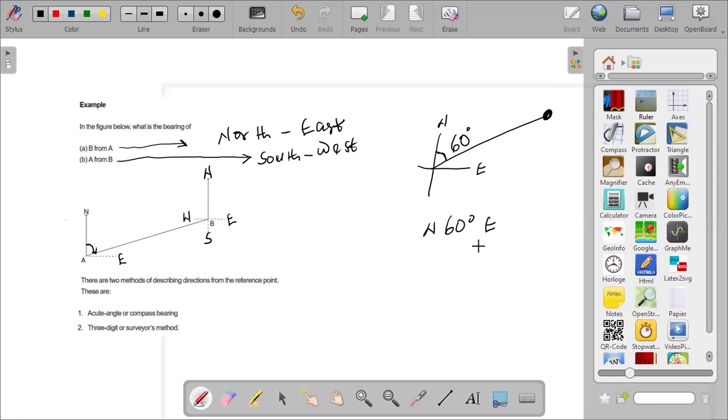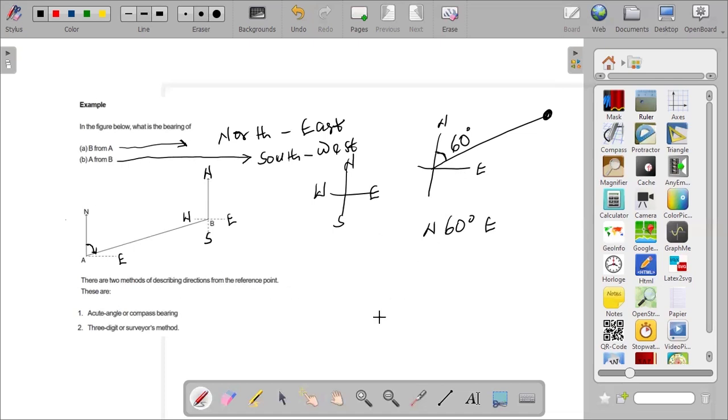This type of representation is what we call acute angle or compass bearing, because these cardinal points we are talking about are compass points. So whenever you report bearing in terms of cardinal points, using angles less than 90 degrees, that is acute or compass bearing.